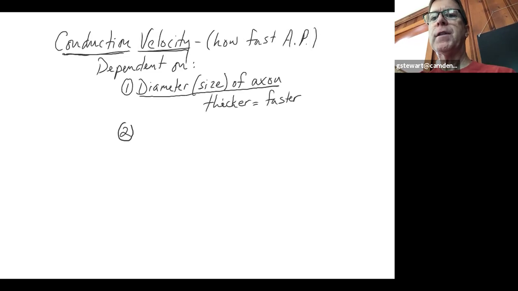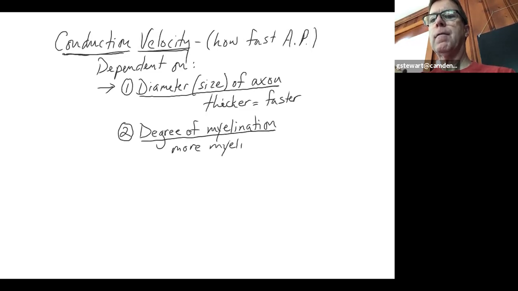So first, what dictates speed? The diameter of the axon. And the second characteristic is the degree of myelination. I'm just going to write more myelin. That insulation that wraps around the axon, more myelin also equals a faster action potential firing.